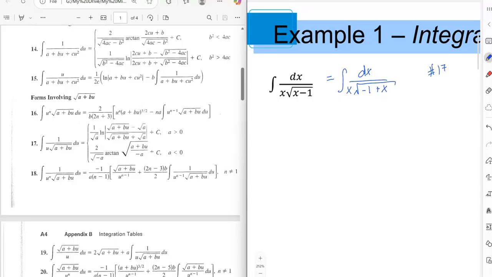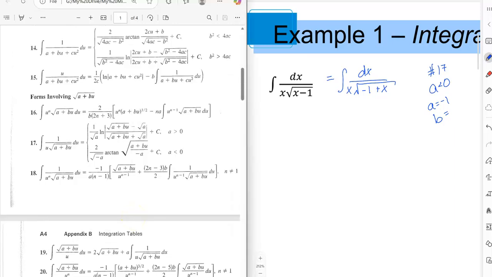So my u is x, and notice my a value would be negative, because a in this case would be -1, and my b would be the number in front of x, which would be 1, and then u is just x in this case. So we don't have to really do a u substitution. So I'm following this format here.